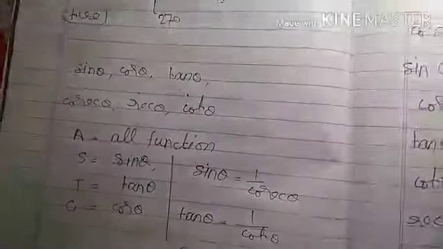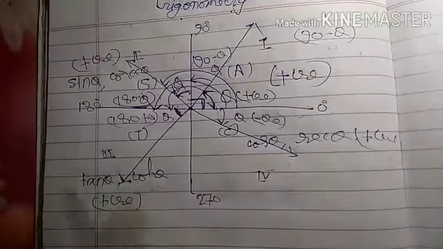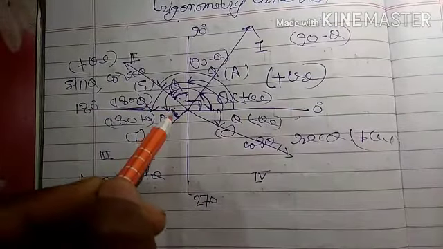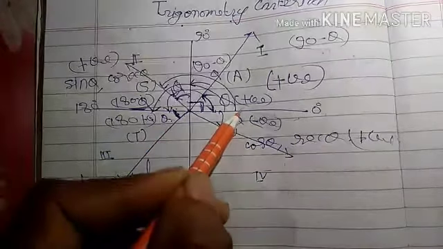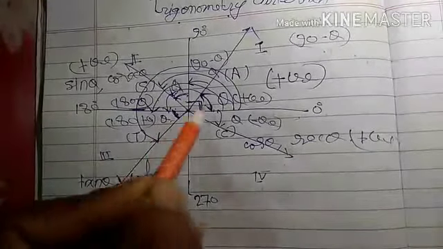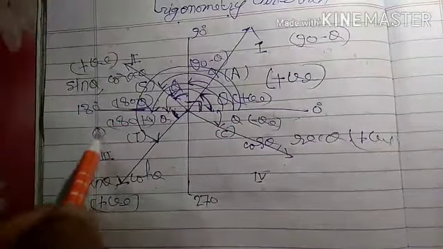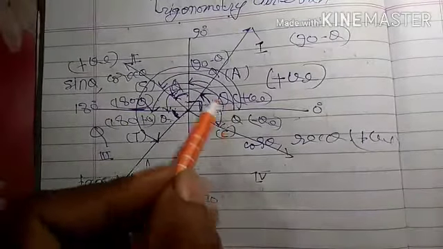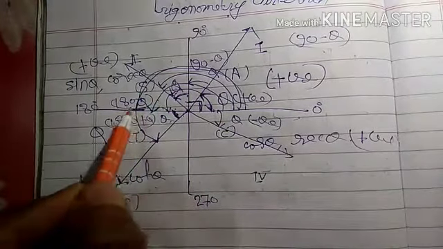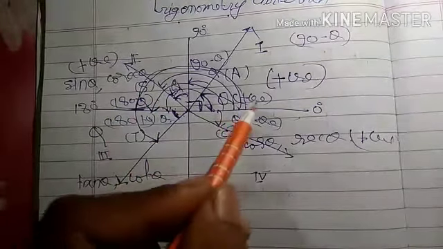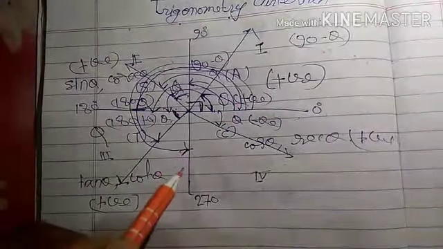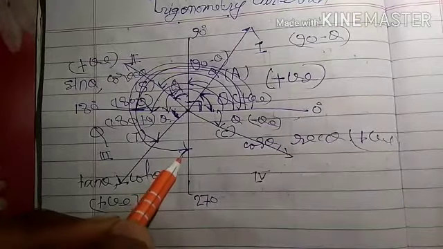And next we talk about this angle. Suppose this angle is θ, and we know that this angle is 180 degrees and this angle is 270 degrees.